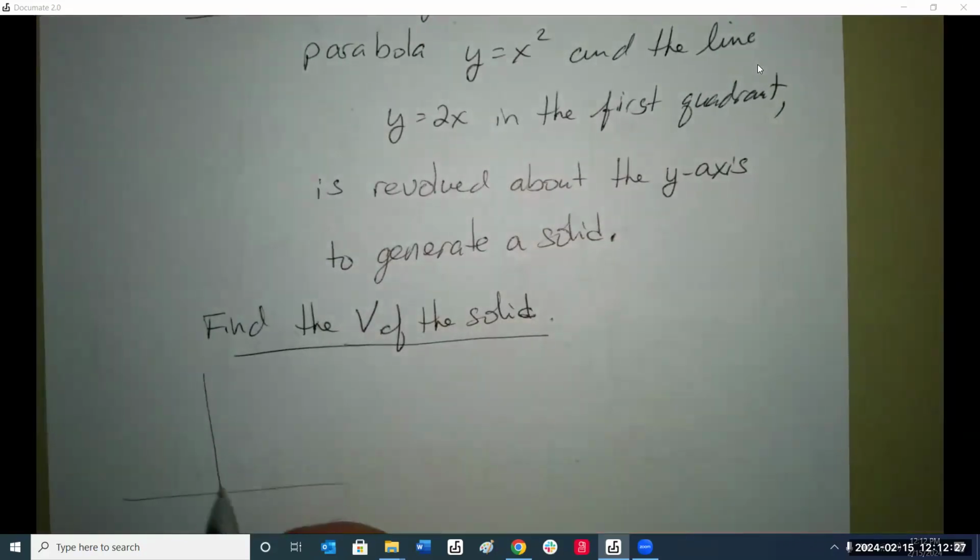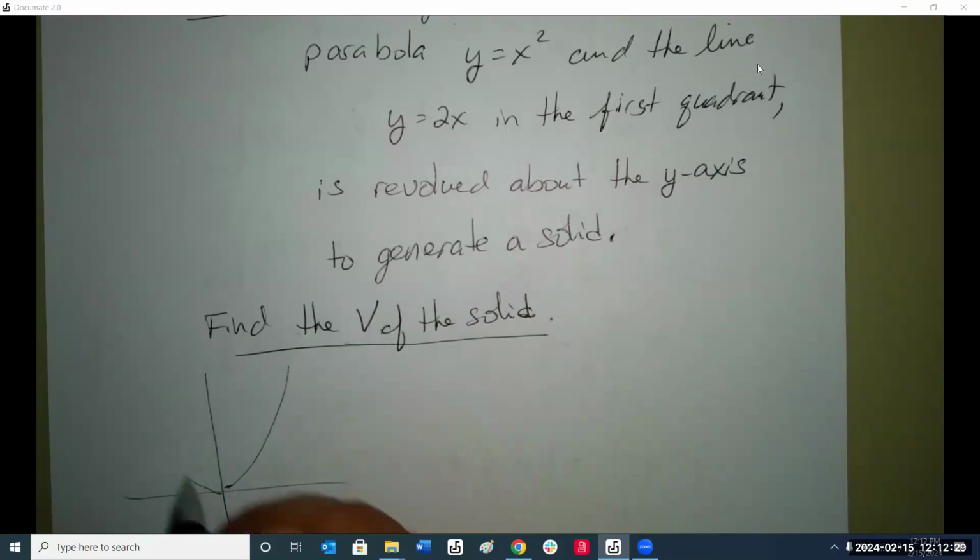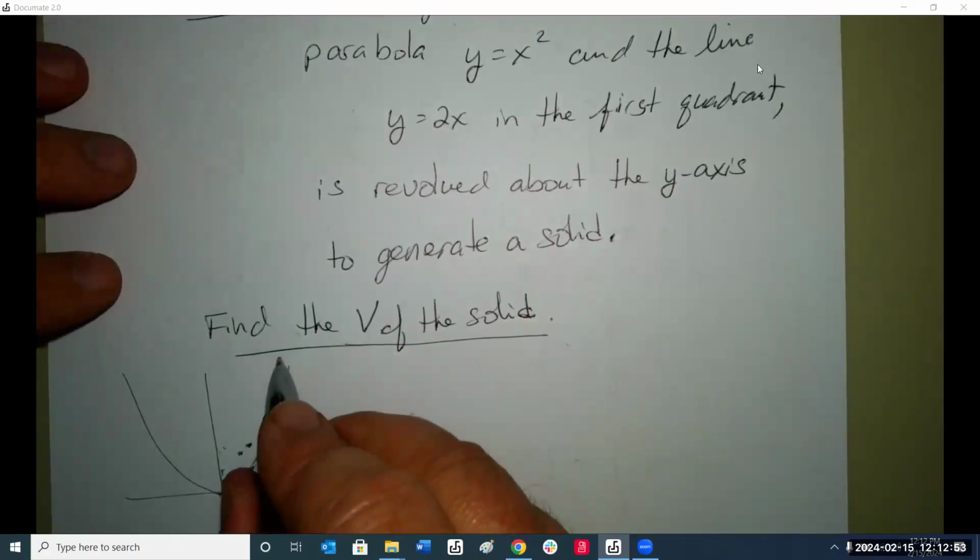Y equals x squared, and the line y equals 2x. So it's up 2 over 1. So this is 1, up 2 over 1, so it's this line.